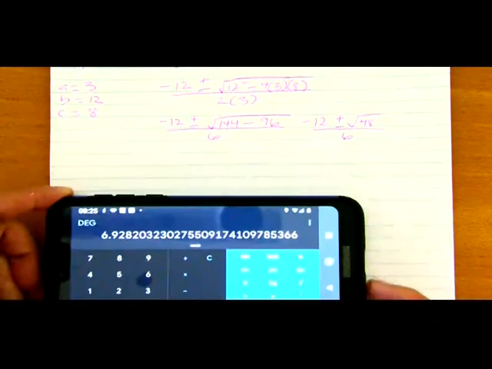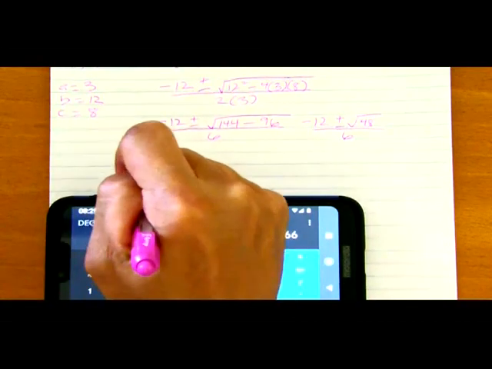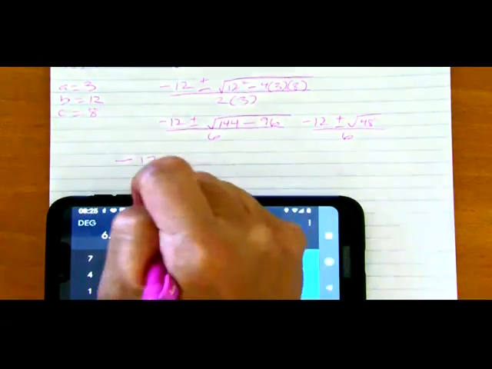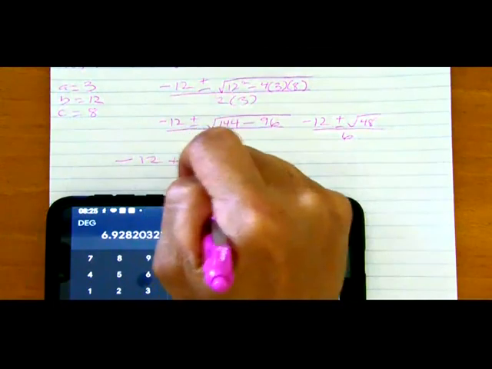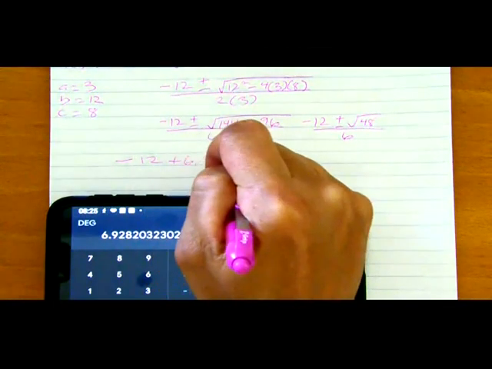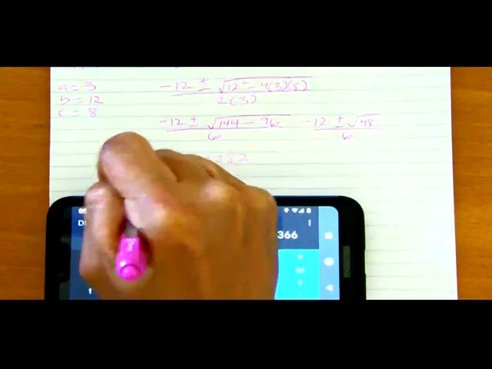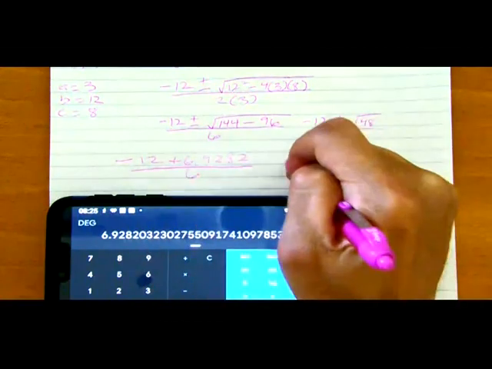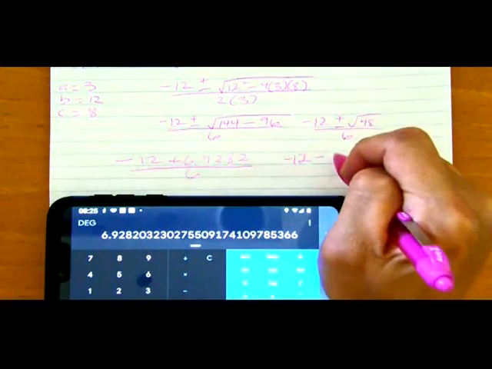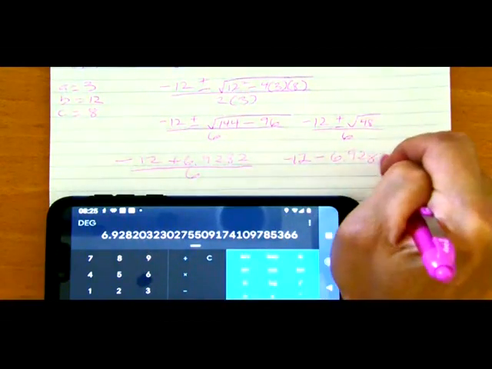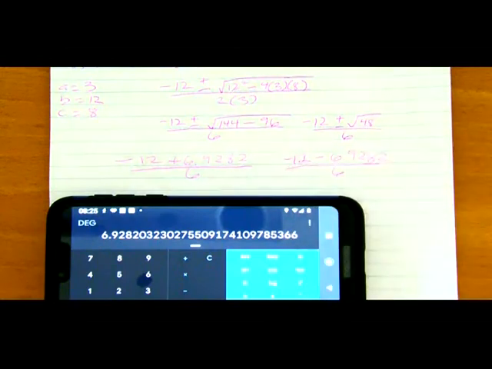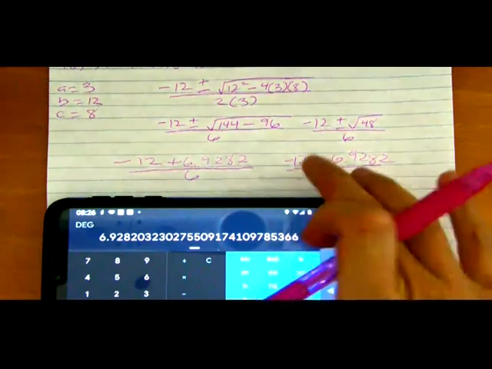Okay. So negative 12 plus 6.9282 over 6 and negative 12 minus 6.9282 over 6. Let's see.